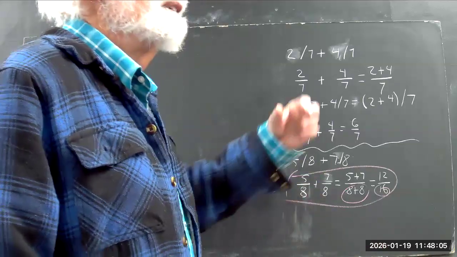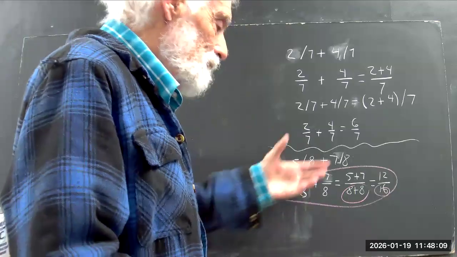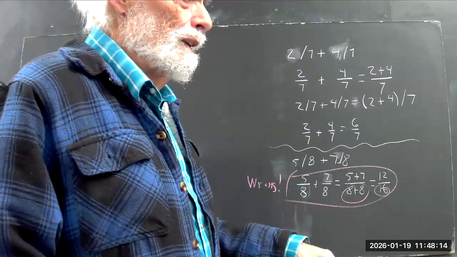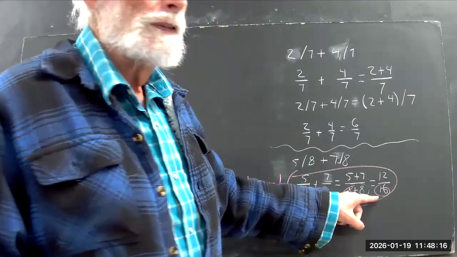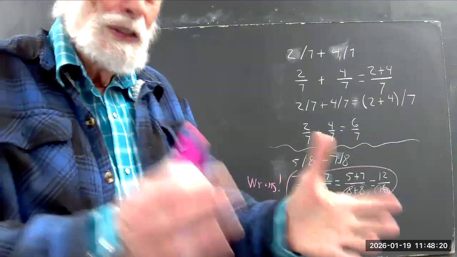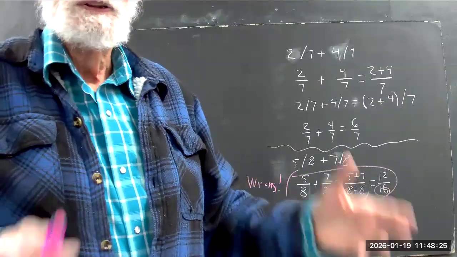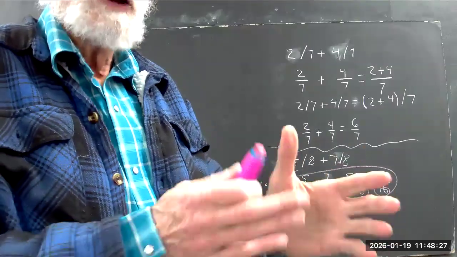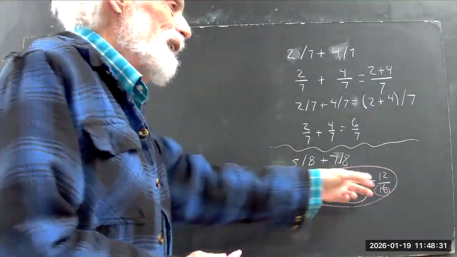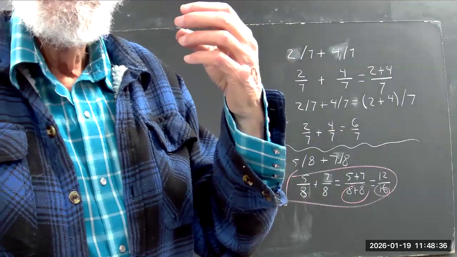I took 5 pieces of whatever, added 7 of them, and now I've got 12 pieces, but the pieces are only half as big. So I've got 16 pieces. That's twice as many as 8 pieces, which means you've got to divide all your eighths in half. So that doesn't make any sense at all, but it's easy to write that down.